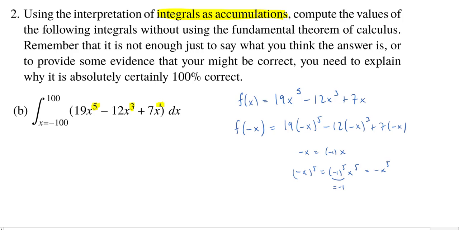Okay, so in each of these cases, this negative is just going to float to the front. So since each one of them gets a negative, I can pull that negative out. And I'll be left with negative times the quantity 19x to the fifth minus 12x cubed plus 7x. But of course, this is negative f of x. So this implies that our function f is an odd function.